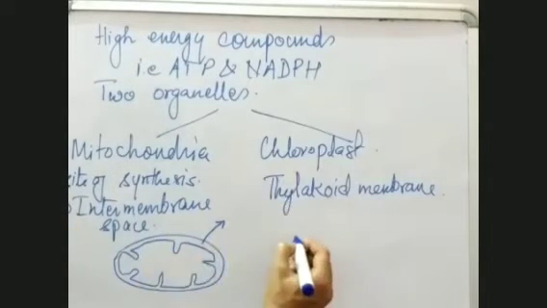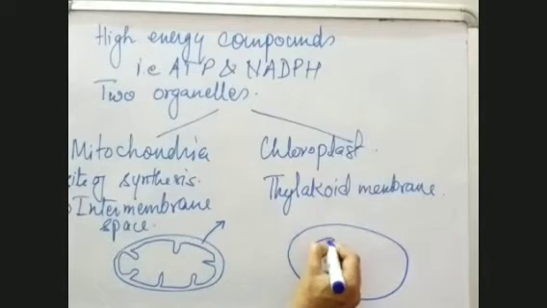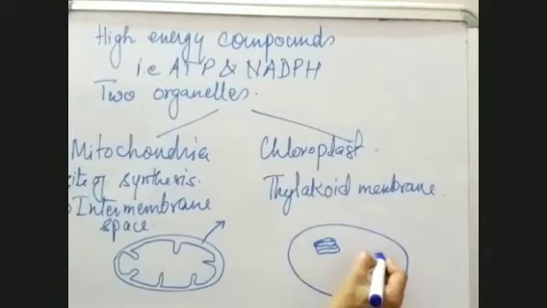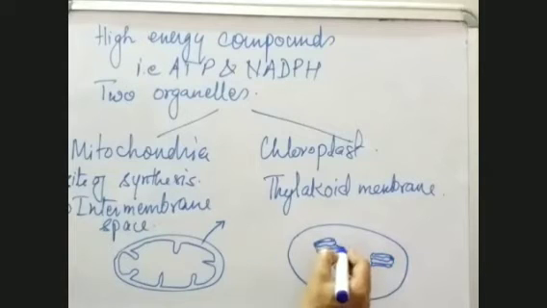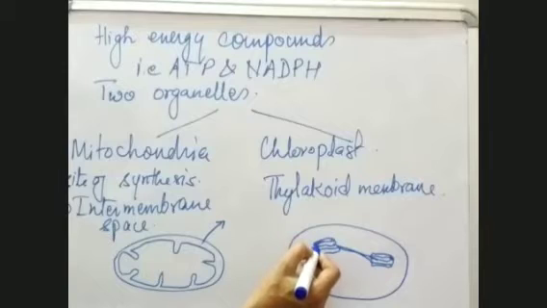And in case of chloroplast, if we see, chloroplast is like this, we have stacks of thylakoids arranged one over the other, connected by lamellae, stroma lamellae.